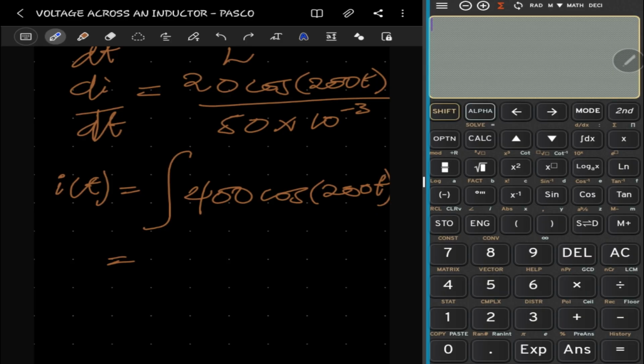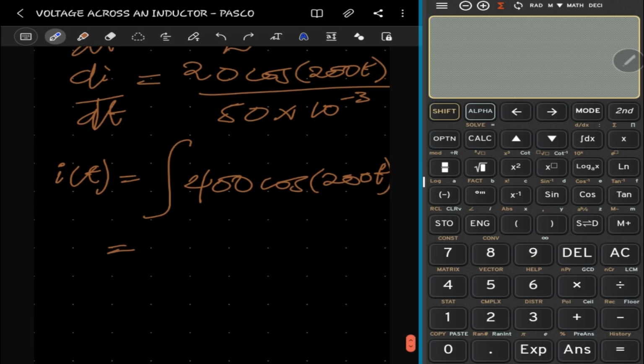So when we do this directly, we get 2 sin(200t) plus a constant, right? So this is i as a function of time.